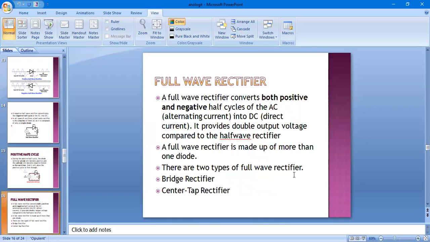Full-wave rectifier. The full-wave rectifier converts both positive and negative half cycles of AC to DC. It provides double the output voltage compared to the half-wave rectifier. The full-wave rectifier is made up of more than one diode. There are two types of full-wave rectifier: bridge rectifier and center tap rectifier.